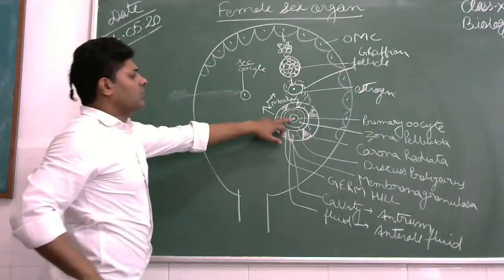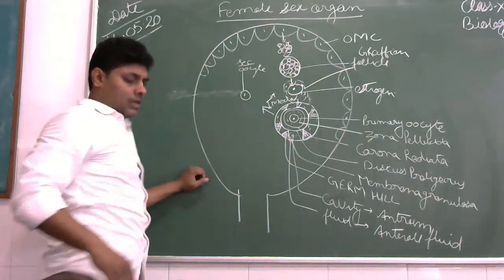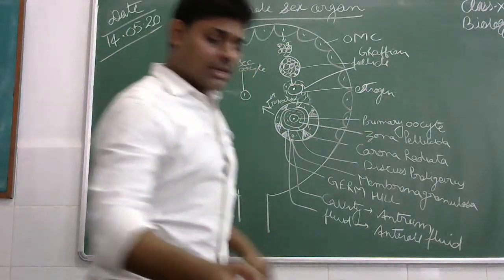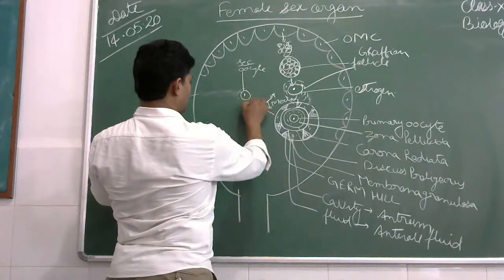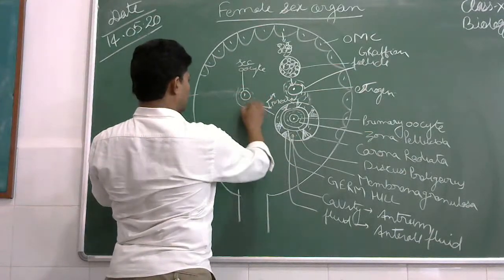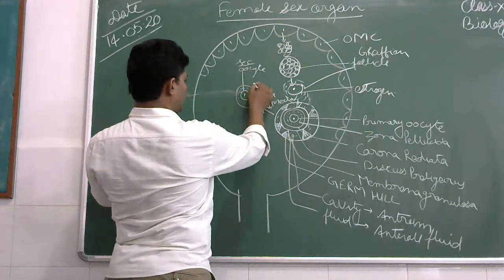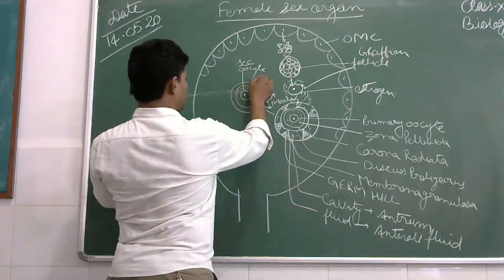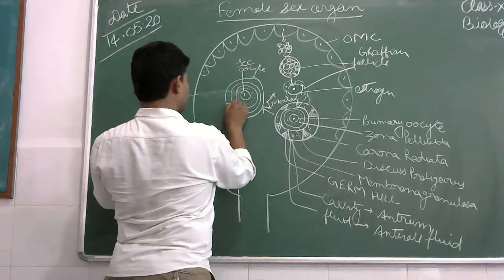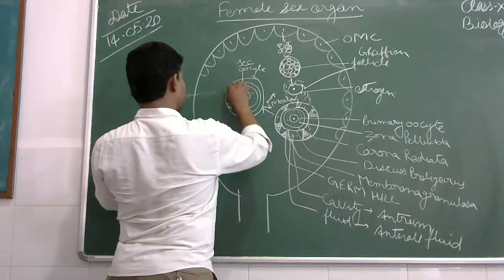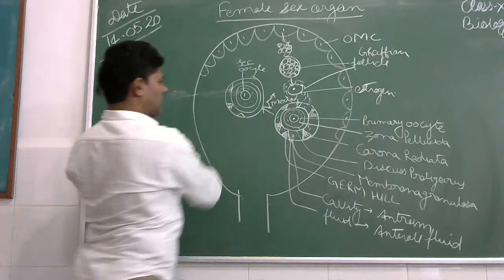Okay, means primary oocyte converts into the secondary oocyte, but the remains are the same: zona pellucida, corona radiata, discus oophorus, membrana granulosa. They remain the same.